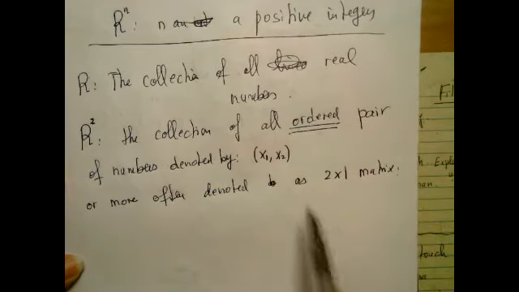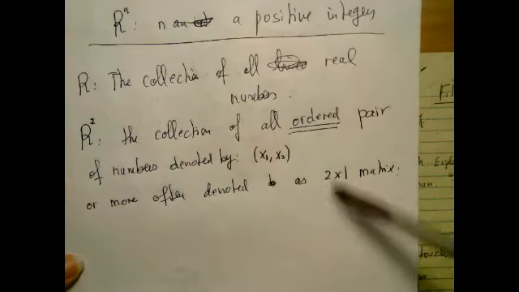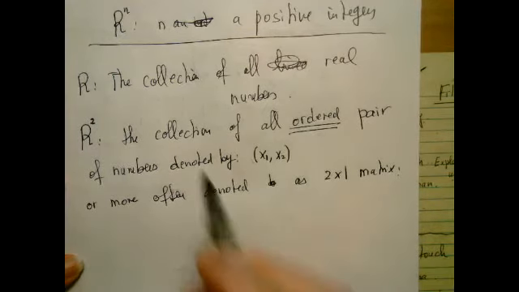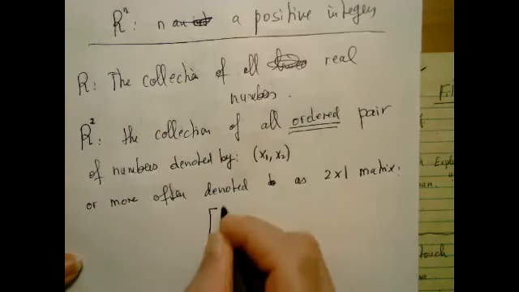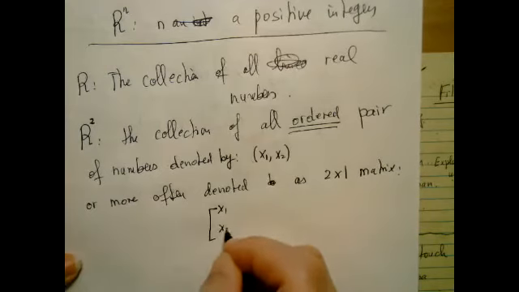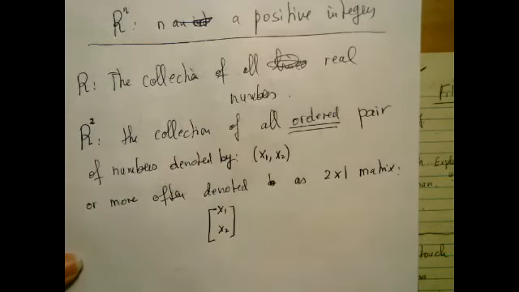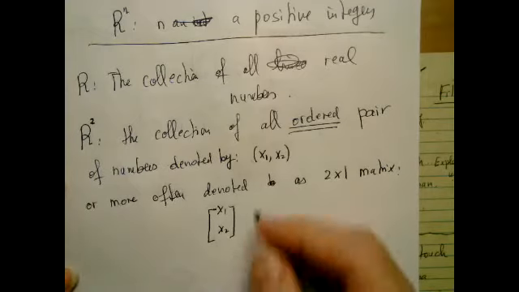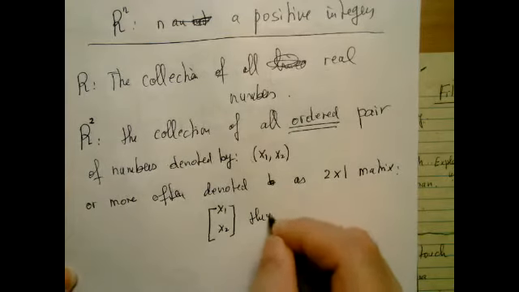It means a matrix with 2 rows and 1 column. It's important for us to see them as actually matrices, or use the vector notation I introduced a minute ago. And we call them vectors.